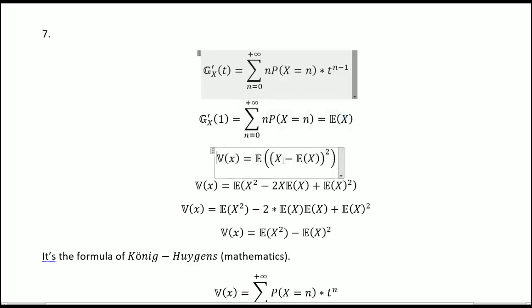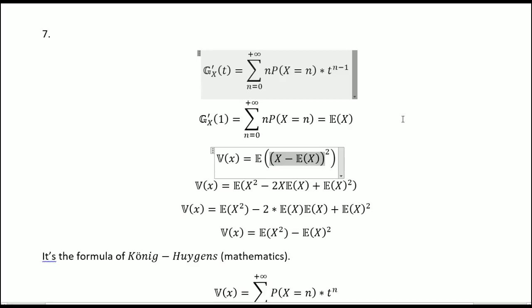So by definition, the variance is equal to the expectation of x minus the expectation of x, squared. So basically, what this means is that you set another real random value that is centered around its expectation.